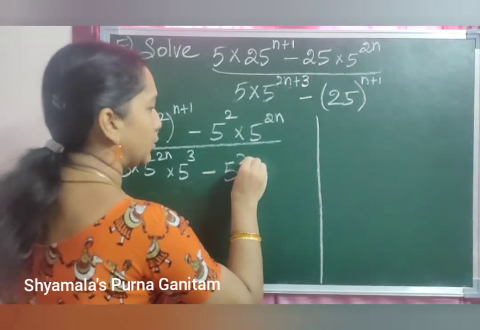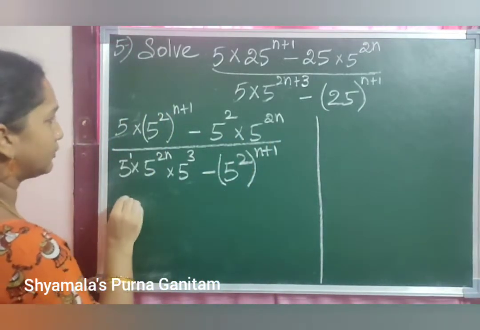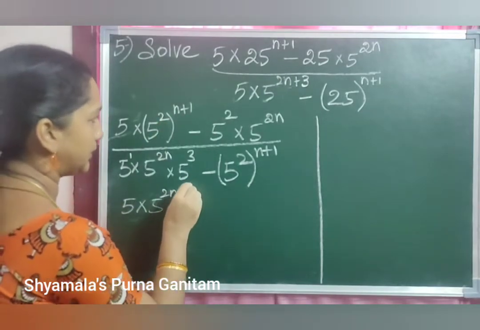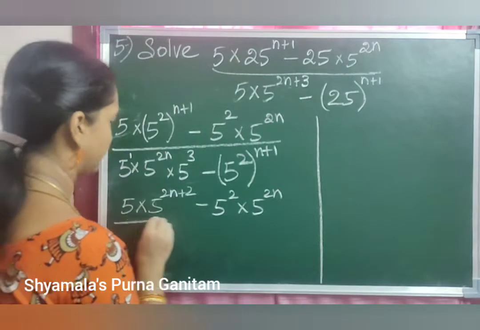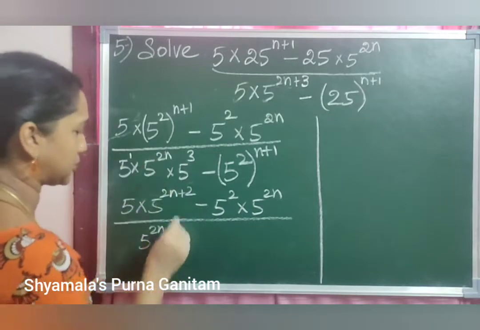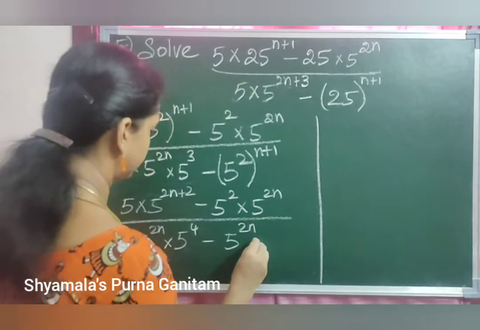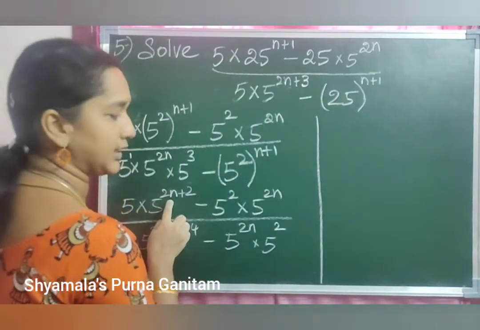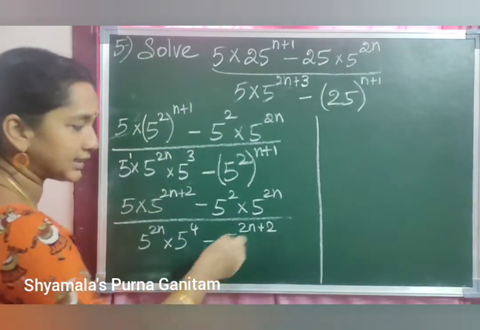Minus 5 power 2 whole power n plus 1. Again 5 into 5 power 2, I am multiplying the 2 to both the terms, so 2n plus 2, minus 5 power 2 into 5 power 2n, divided by 5 power 2n into 5 power 4 (adding 3 plus 1), minus 5 power 2n into 5 power 2. Here I will get 2n plus 2. In the next step, I will split these things also.